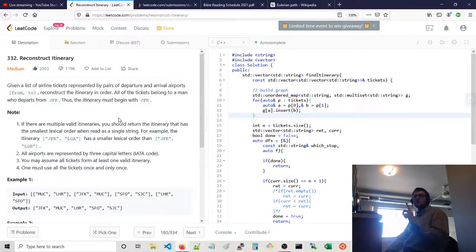However, it's only going to happen once if you backtrack, because if you backtrack from there and you don't take that path again, the very next path is guaranteed not to cause the same problem where you don't use all the tickets. There's exactly only one way that you could end up not using all the tickets, which is a pretty interesting, clever, and creative way to solve this problem.